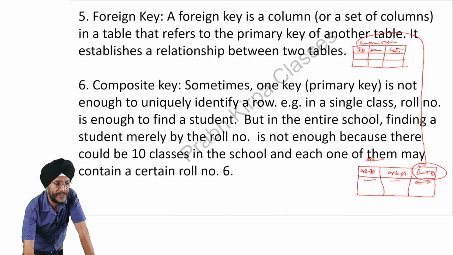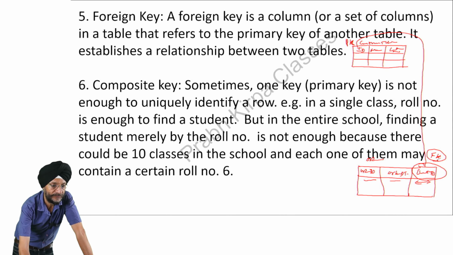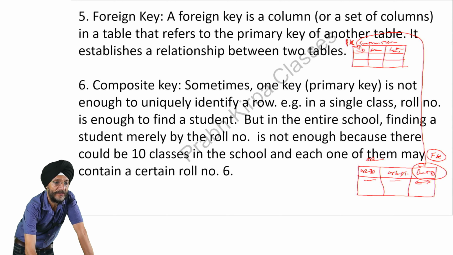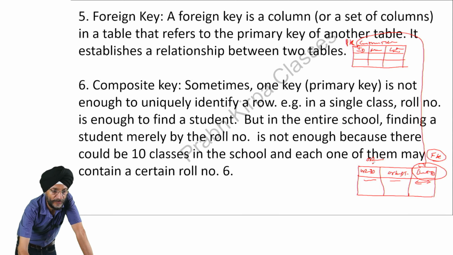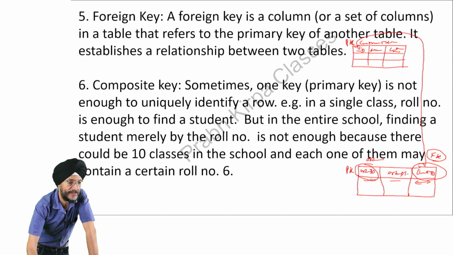So this relationship between two tables, that is the customer table and the order table, is established by way of primary key and foreign key. So here foreign key serves the purpose of relationship with another table. Here in the order table, this is the primary key so far as the order table is concerned.